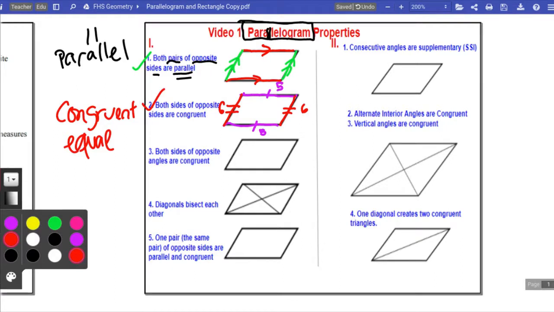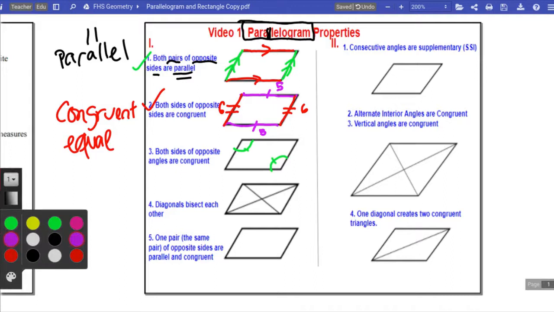Definition 3 says both pairs of opposite angles are congruent. What does that mean? If I drew an angle right here, what's the direct opposite angle to that? It'll be this one right here. Well, those are congruent. Opposite angles are congruent.